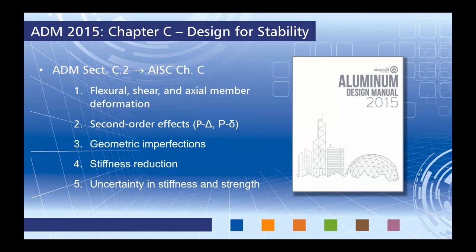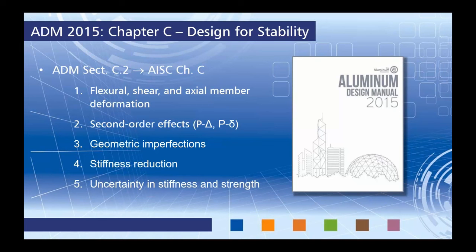P little delta, however, isn't. The ADM goes on to explain that maybe your structural software doesn't have this, but in order to determine the required strength for compression members, P little delta must be included. Now, this is slightly different from the AISC, where there are provisions where P little delta cannot be included, depending on your type of analysis, but the ADM pretty clearly states that P little delta should be included. I'll get into how we do include both of those in just a minute.